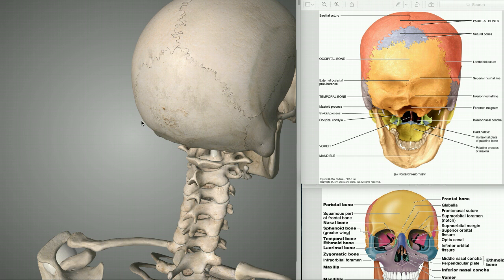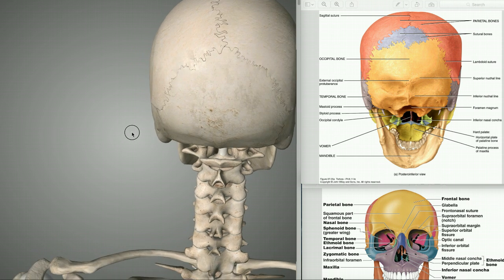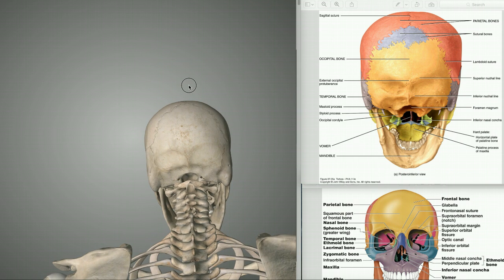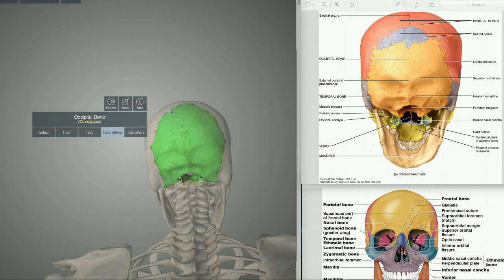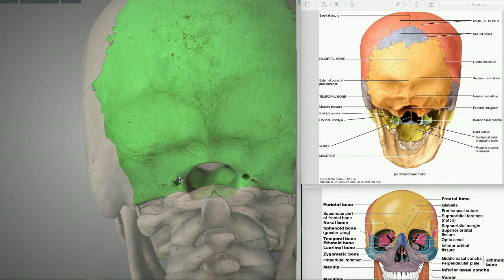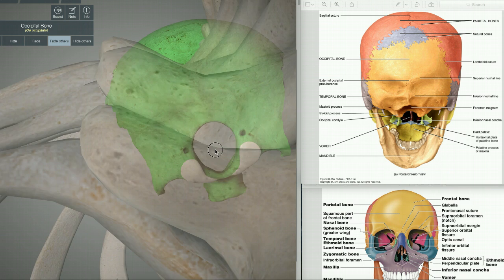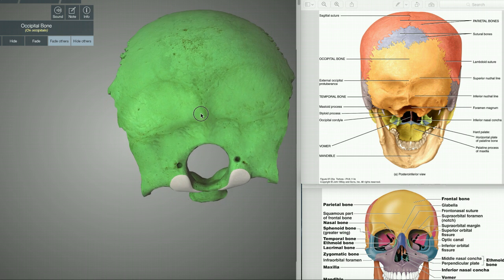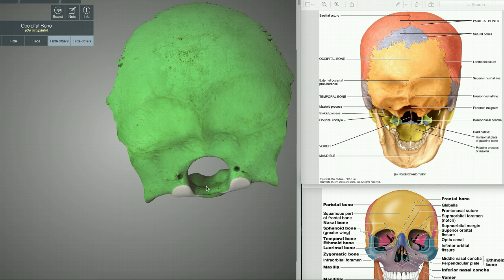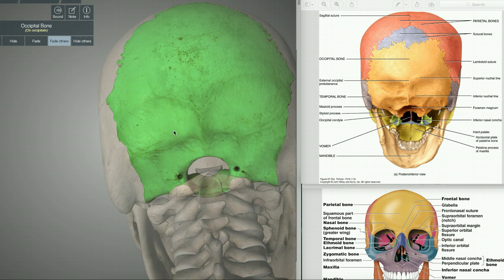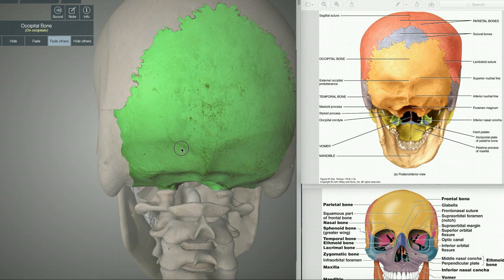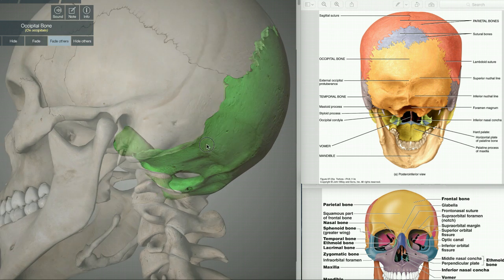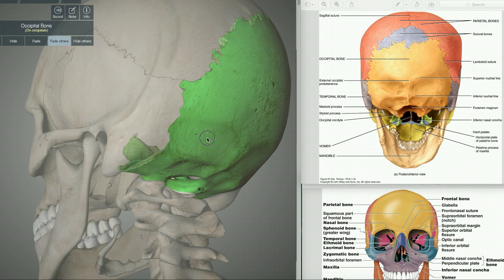If I turn this slightly around and zoom in, this whole hole here is known as the foramen magnum, and this is where the first part of your vertebrae, your atlas, connects to.